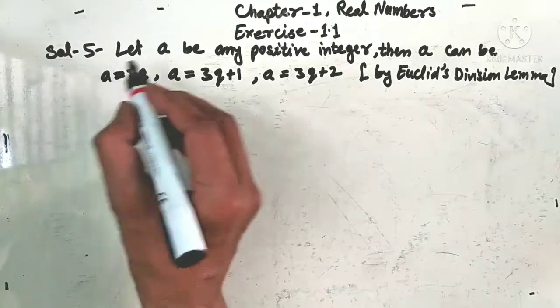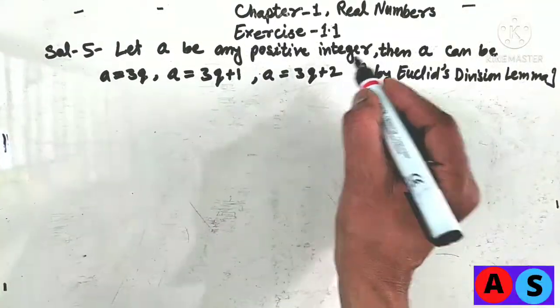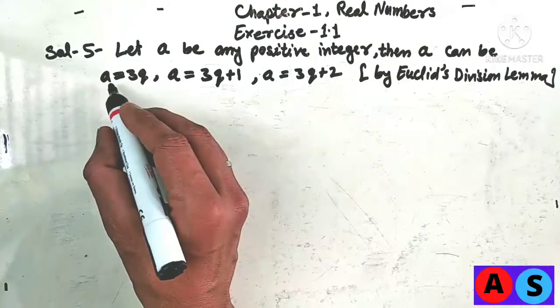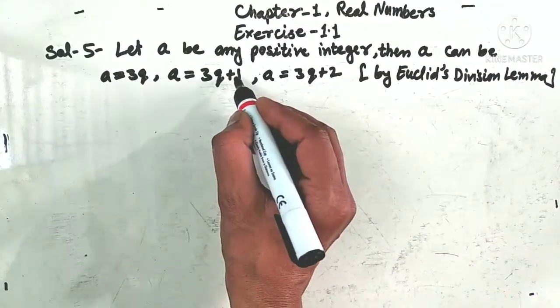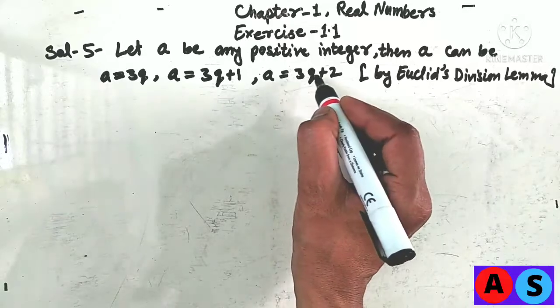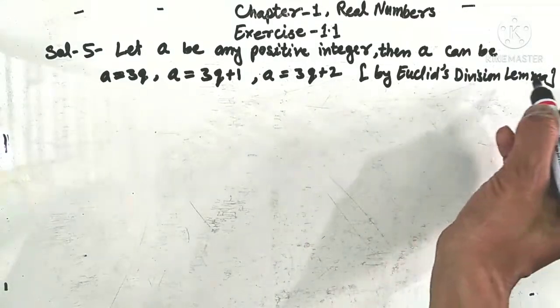So we write the solution. Let a be any positive integer, then a can be a is equal to 3q, a is equal to 3q plus 1, a is equal to 3q plus 2 by Euclid's division lemma.